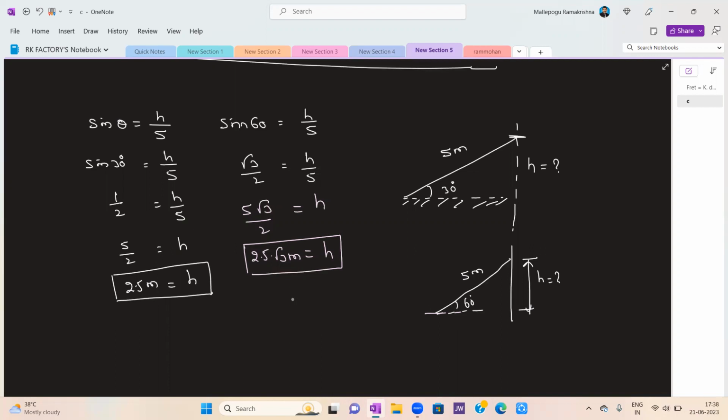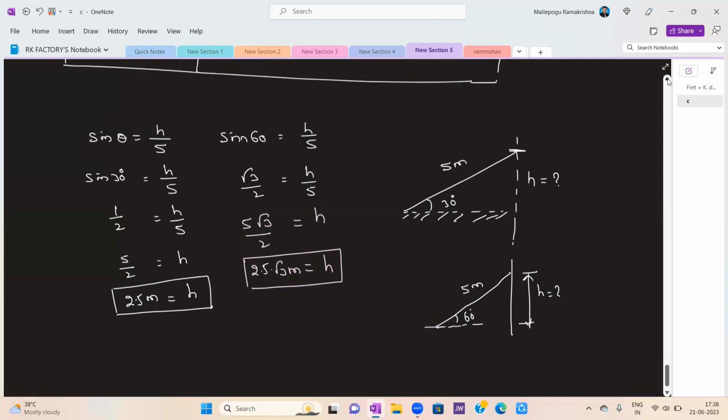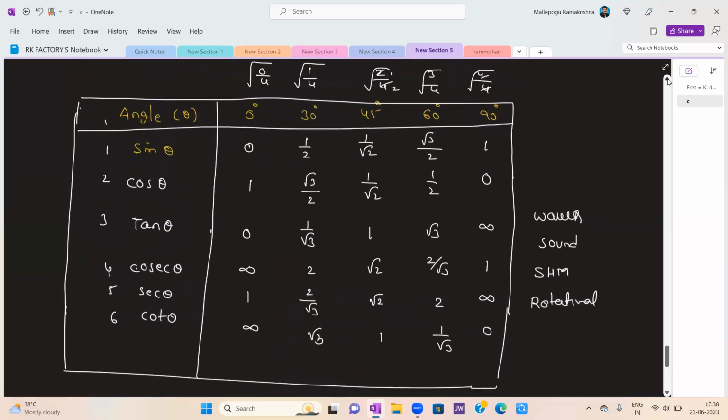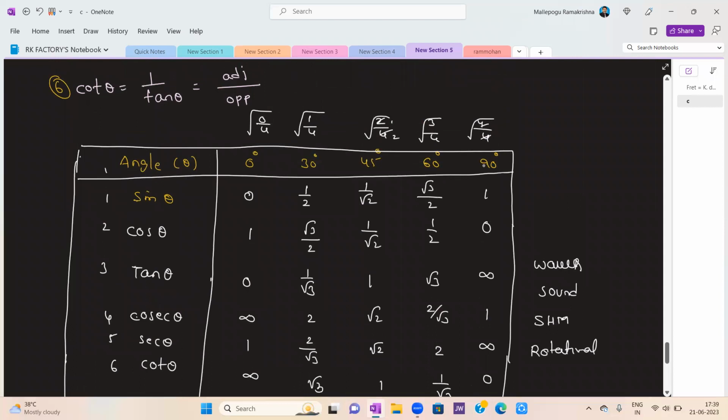And we have some equations, some formulas, to easily find the relations between all these basic definitions, whatever we have: sine theta, cos theta, secant theta, cosecant theta, tan, cot. All these help to find identities, relations, additions. For example, we have seen the values in the table only for 0, 30, 45, 60, 90.